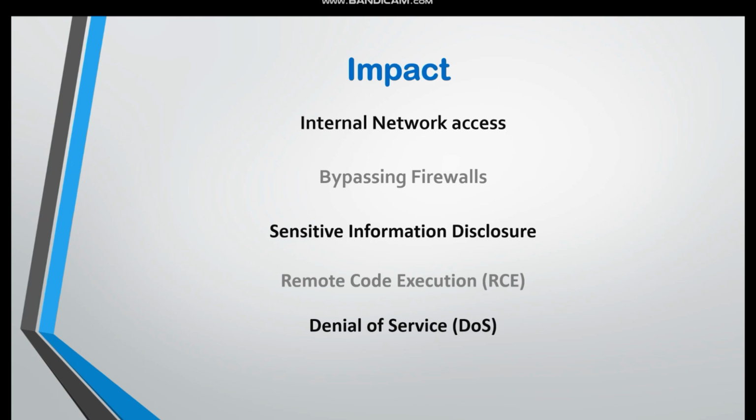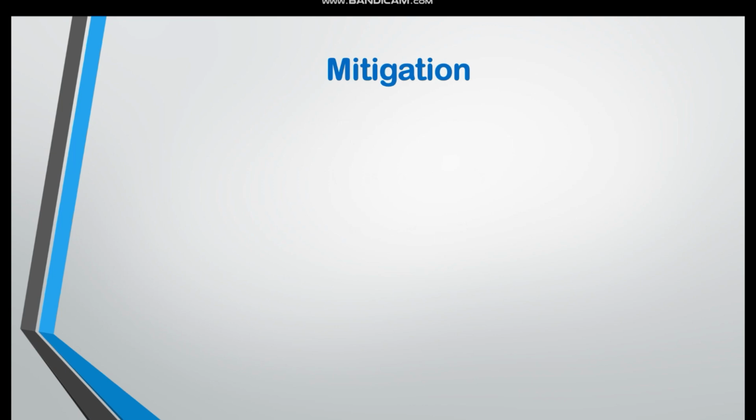Okay, now let's discuss some mitigation measures. By using these mitigation measures, we can minimize the risk of SSRF. First is input validation and sanitization. The input which the user is giving should be validated or sanitized, right? If it seems to be malicious input, that input should not be accepted.